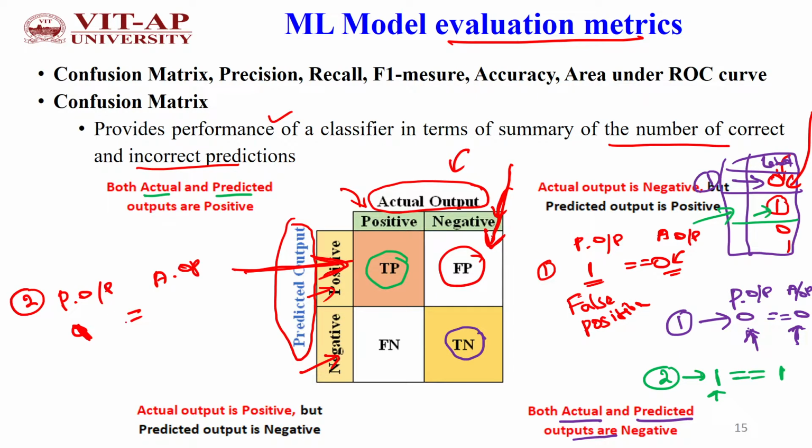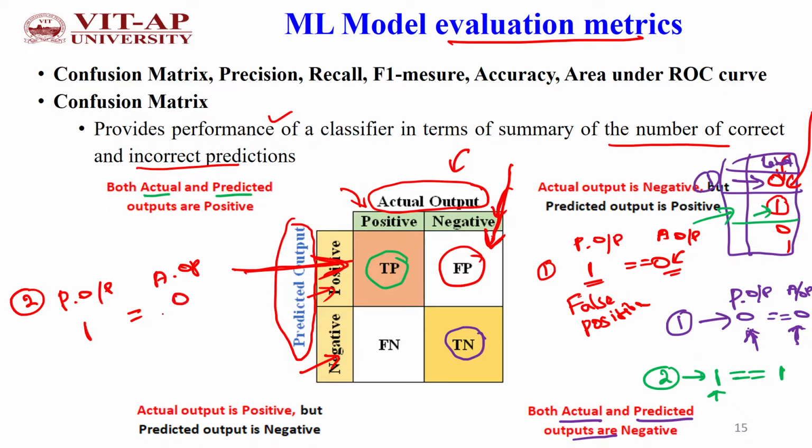Negative means 1, sorry, this is negative and this is positive. So my model wrongly predicted as negative, but my actual output is positive, which is called false negative.